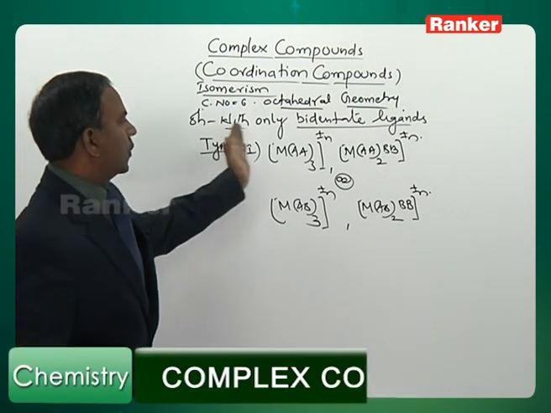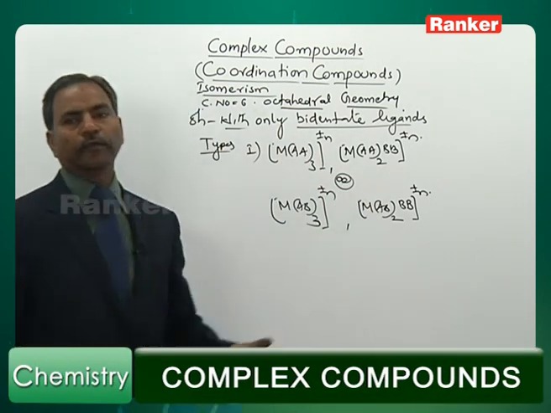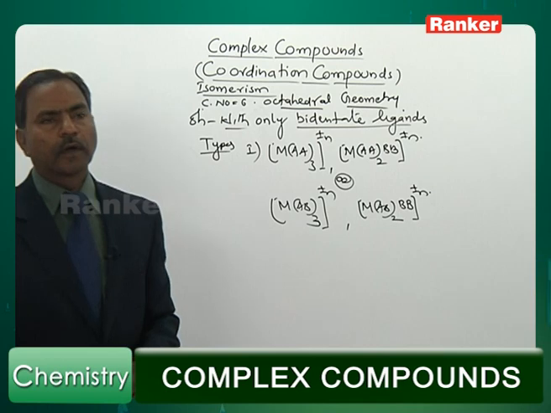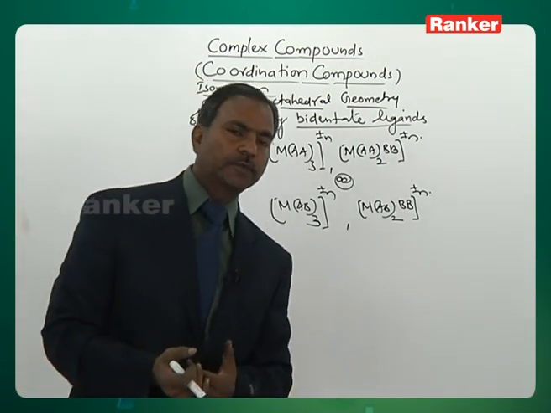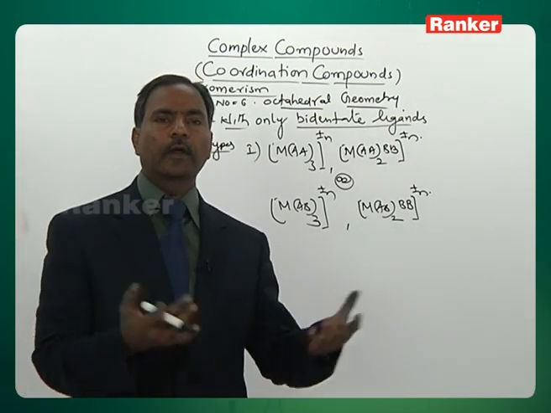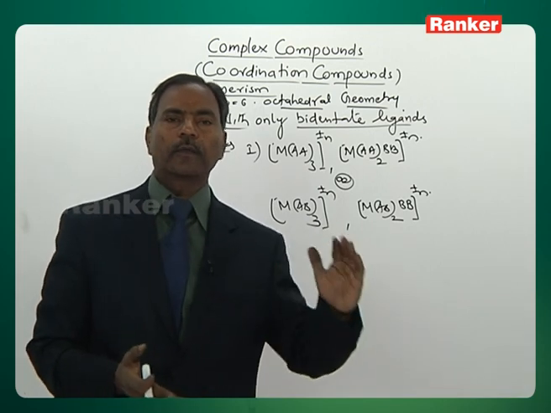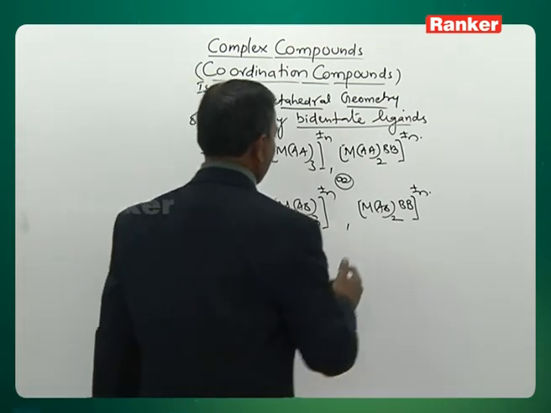So, octahedral geometry with only bidentate ligands, there may be all the same type of bidentates or all different types of bidentates. Two different types of bidentates or all identical bidentates. All are found to be optically active.